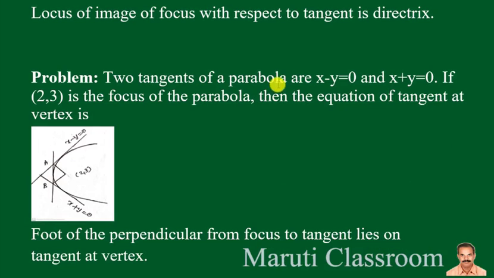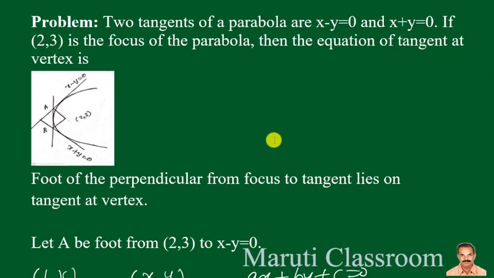Two tangents of a parabola are x minus y equals 0 and x plus y equals 0. If (2, 3) is the focus of the parabola, then find the equation of the tangent at the vertex. Just now we proved the foot of the perpendicular from the focus to a tangent lies on the tangent at the vertex. Let A be the foot of the perpendicular from the focus (2, 3) to x minus y equals 0, and B the foot of the perpendicular from (2, 3) to the tangent x plus y equals 0.